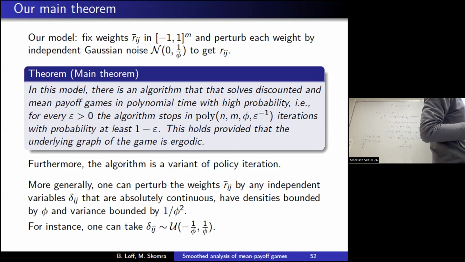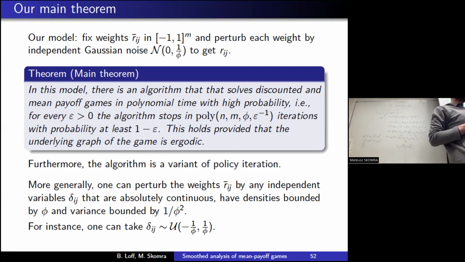And what do I mean by high probability? Well, the probability can be as high as you want in some sense. If you fix epsilon greater than 0, then you get this many iterations, polynomial in n and ln epsilon^-1, to solve the game with probability at least 1 minus epsilon.